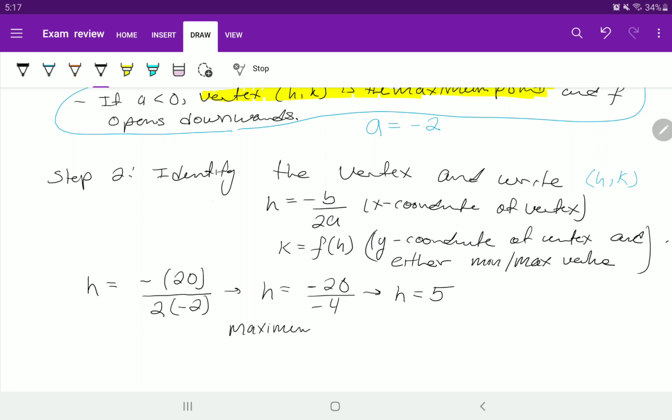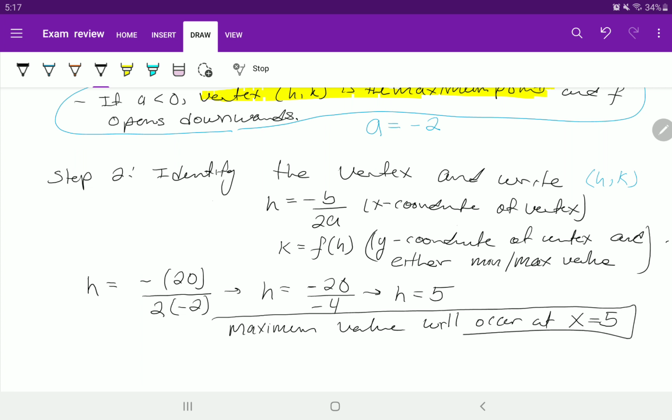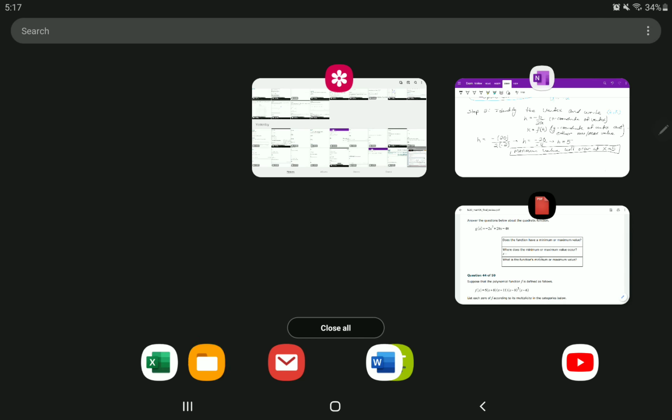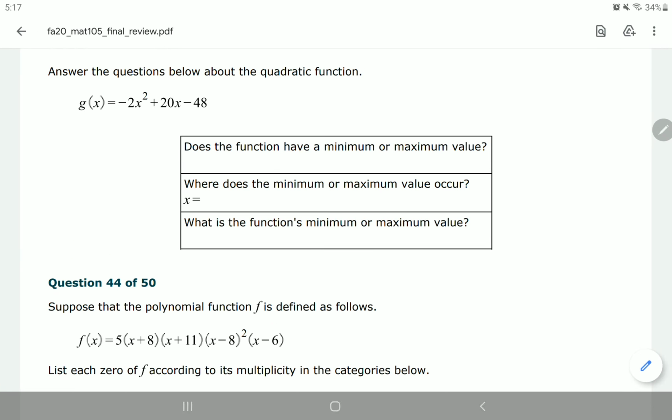Maximum value will occur at x equals 5. That answers the second question. To answer the third question, it says, what is the function's minimum or maximum value?